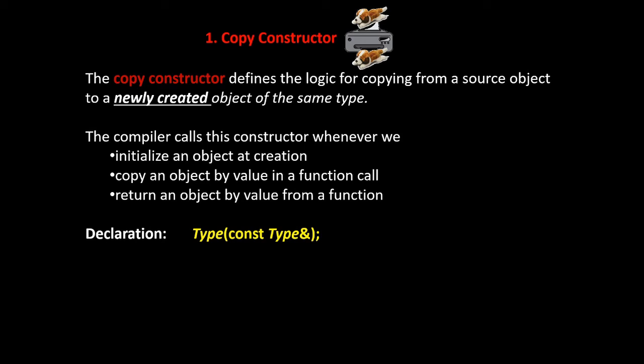The important thing to take away is that when you see this syntax, you know that you're dealing with a copy constructor. And the big giveaway is the ampersand on the end.